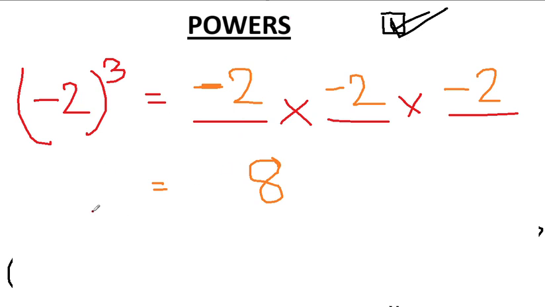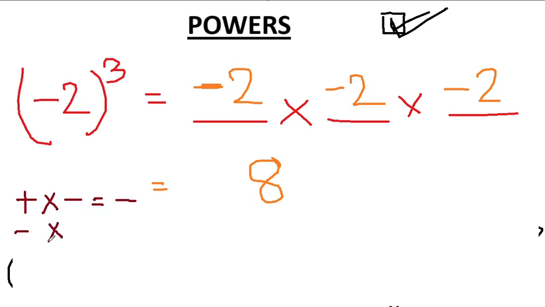So friends, in case you remember, I have given you the formulas when we multiply two negative signs or two positive signs or a negative sign with a positive sign. So let's do a revision of that quickly. When we multiply a positive sign with a negative sign, the answer is negative.